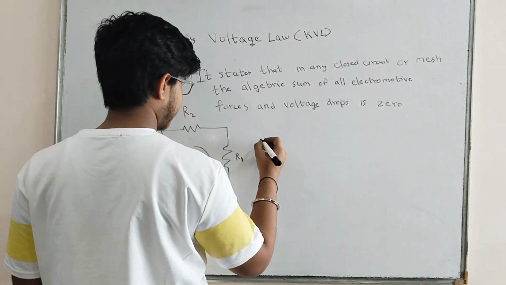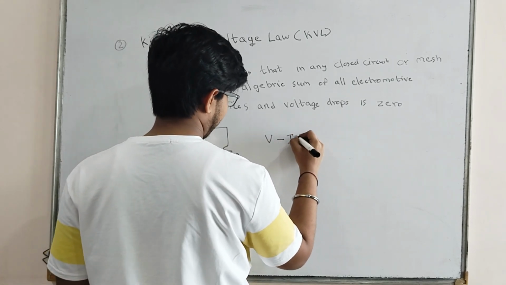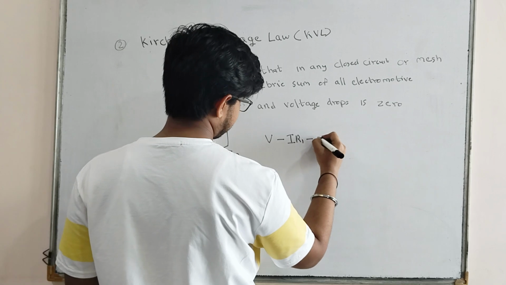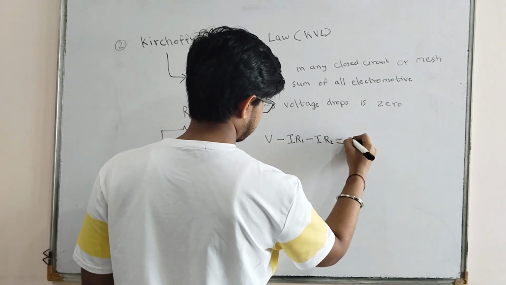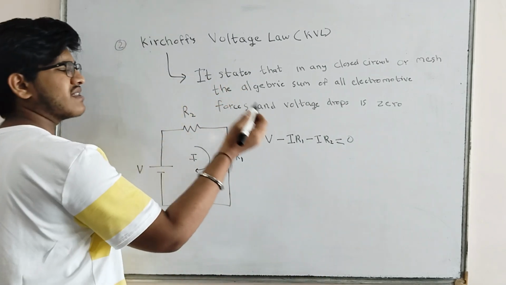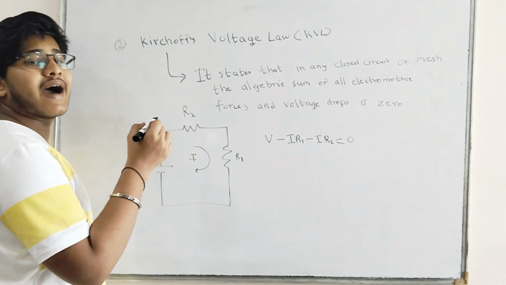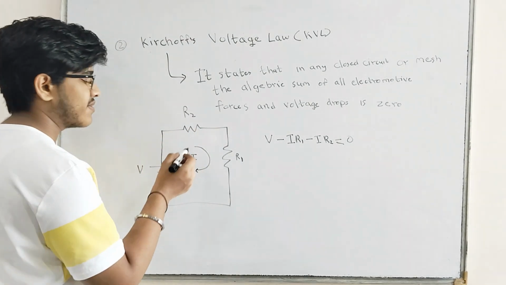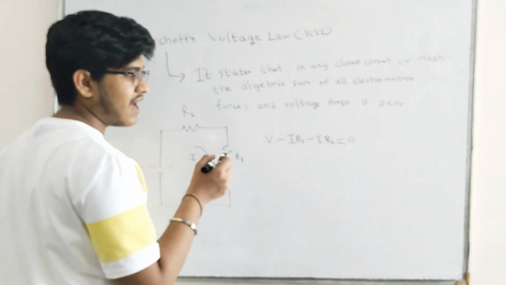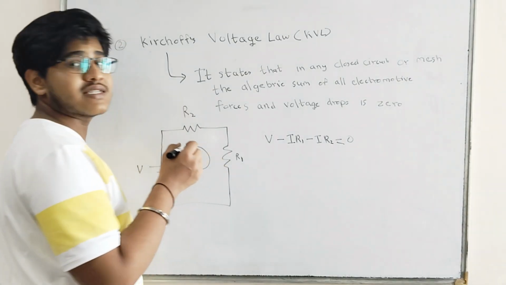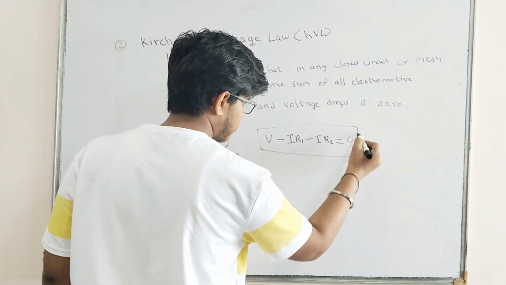So by KVL, V minus I R1 minus I R2 is 0. Why this minus sign? The electromotive force about R2 will be minus I R2. It will be negative, and it will always oppose the voltage drop. And that of R1 will be minus I R1. So we have this final equation for this small circuit.